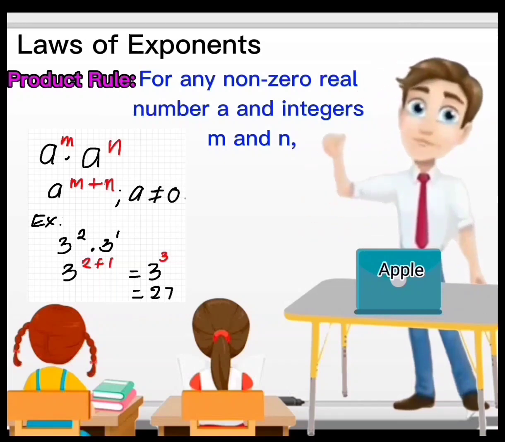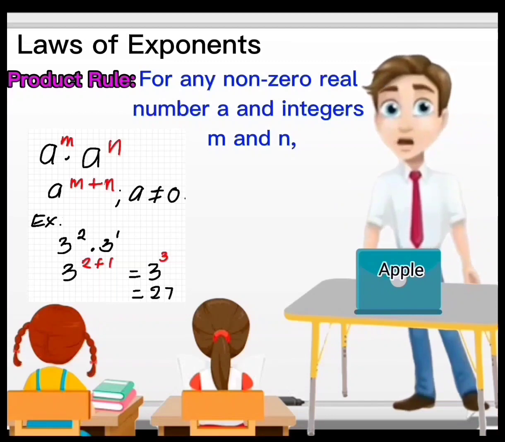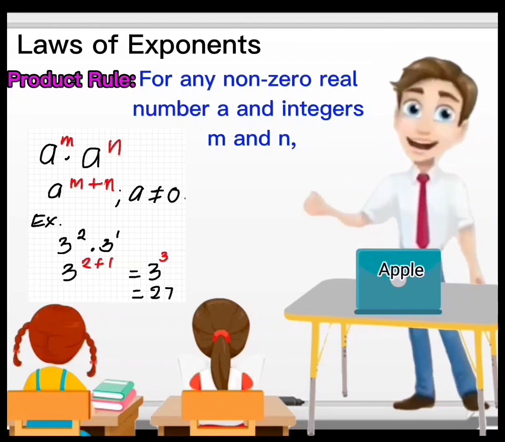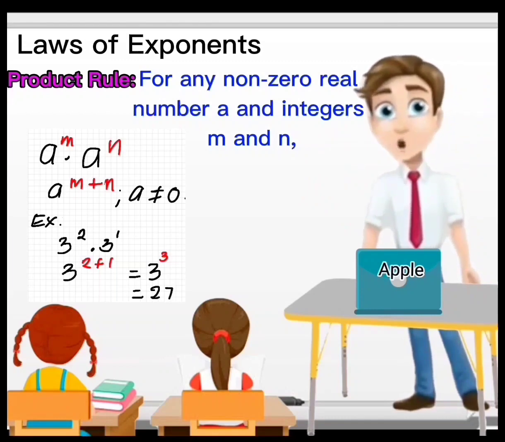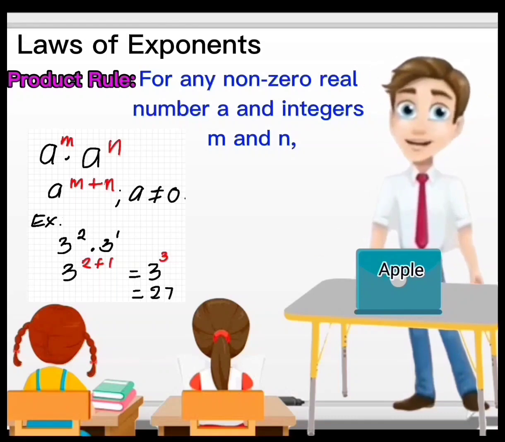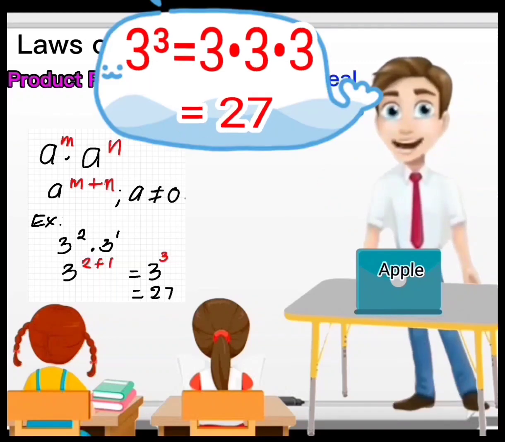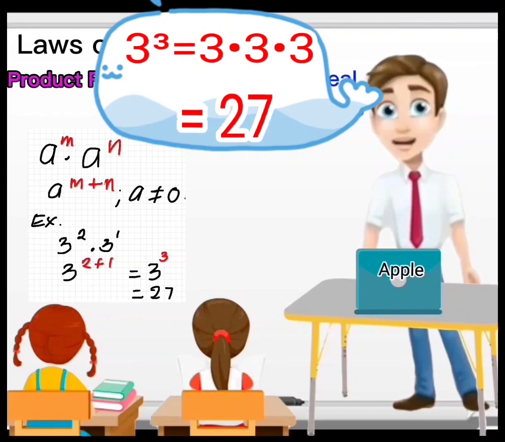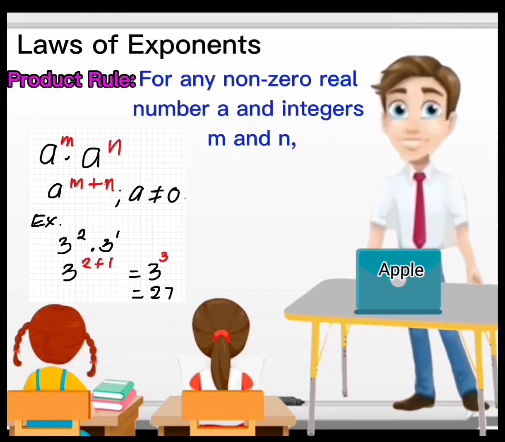So in our example, we have 3 squared multiplied by 3 raised to 1. Using now the given product rule, that is equivalent to 3 raised to 2 plus 1. And 2 plus 1 is equivalent to 3. So we have 3 raised to 3, and then expanding 3 raised to 3, that is 3 times 3 times 3. So, therefore, the answer is 27.